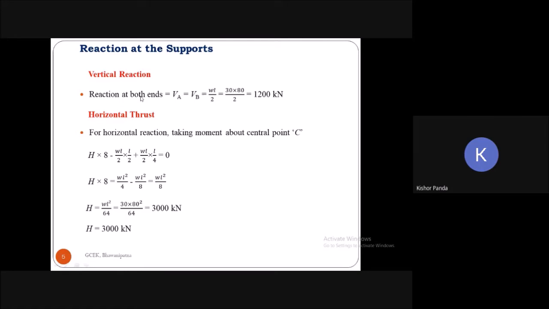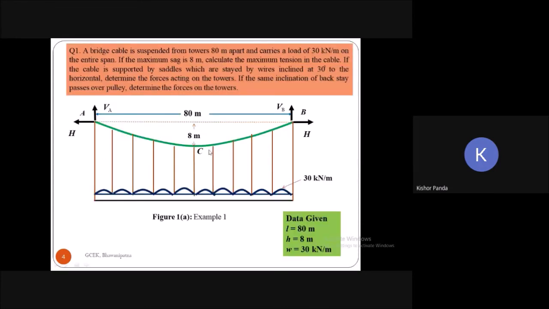Then find the horizontal thrust. For the horizontal reaction, take moments about the central point C. Due to the horizontal thrust, the moment about C is H into 8.